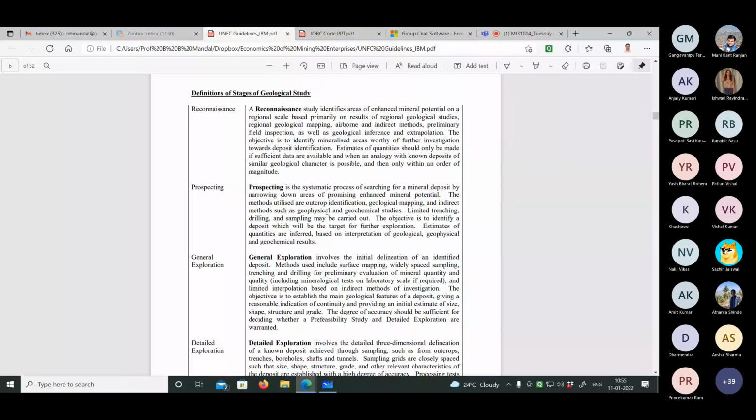The methods utilized are outcrop identification. That means whatever is coming out, the gossan or the overburden, you try to find out what could be the occurrences in that. If something is there on the outcrop and it is dipping, then you can understand it might continue in the underground, and in which direction.